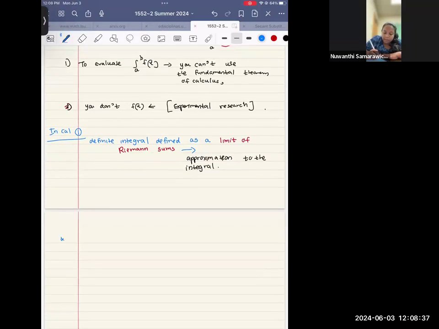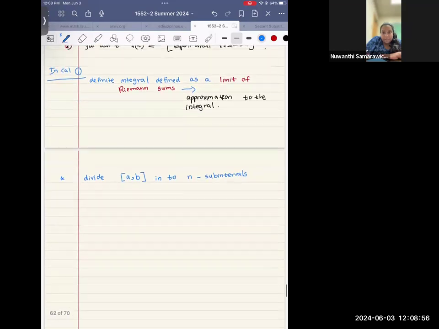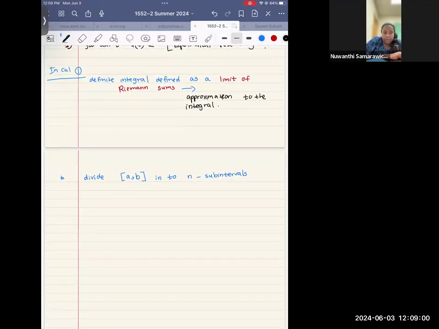So the first step is we divide the closed interval a to b into n subintervals. Okay, so that's the first step you do. So how to do that?